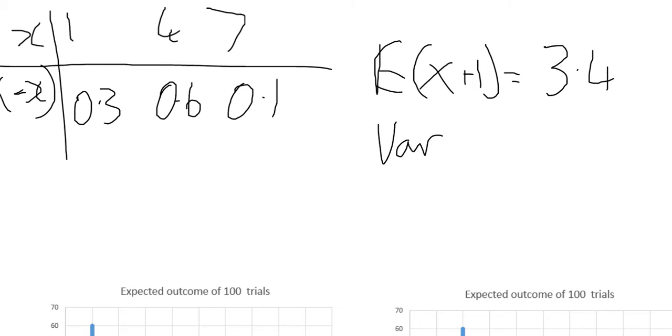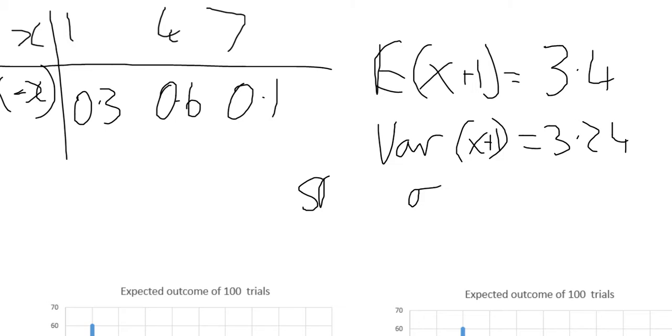The variance of x plus 1 is 3.24, and the standard deviation of x plus 1 is 1.8.